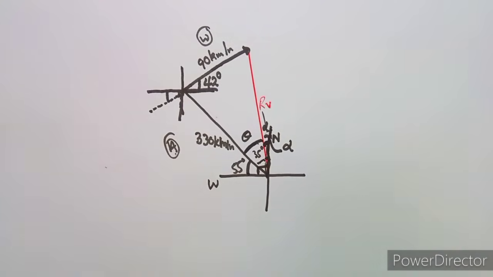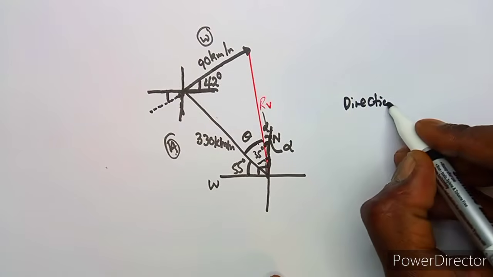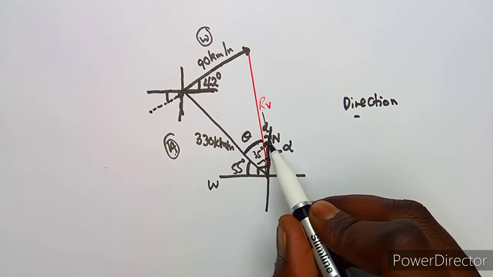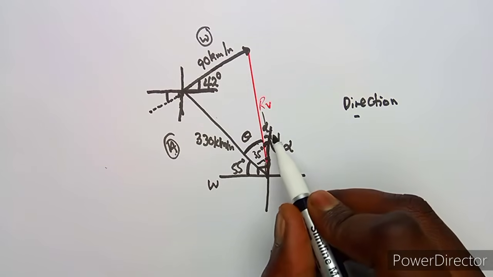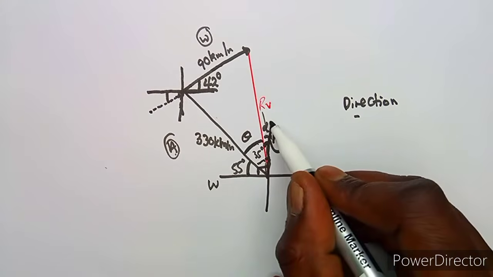All right, so why am I giving emphasis to this? Because on your direction, that is where most of you are going to miss it. It's either you are taking from this way to this way, or definitely we have to take it from this way. That is the easiest way. From the north, where are we going? We are going from the north, this direction, to the west.